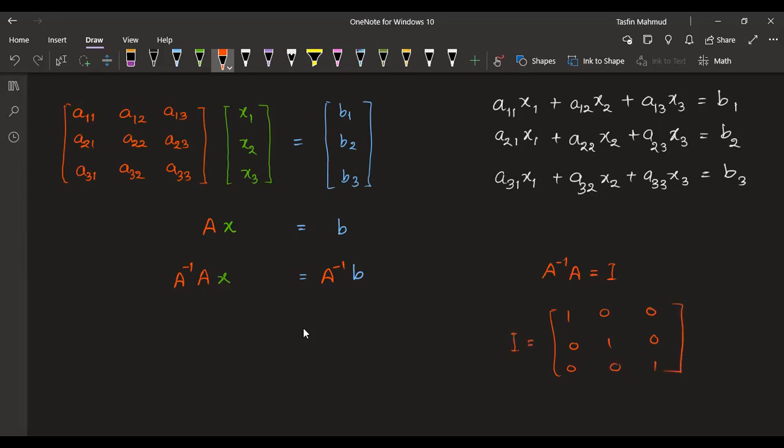It was the I matrix. Okay, and if we multiply any matrix with the identity matrix, we get that matrix. Like if we are multiplying I with x, we get x only. So it would be I x, here we have x, and we have this A inverse B.